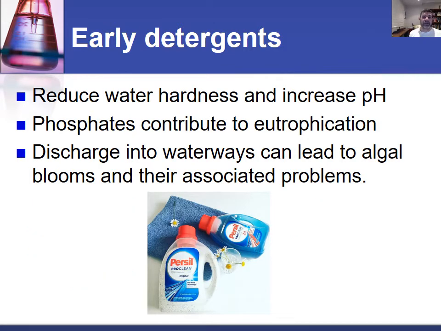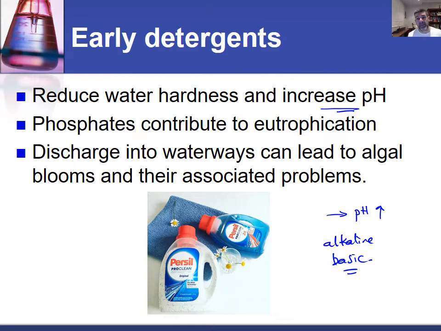The early detergents had these stabilizers, these phosphates, not only to address things like water hardness, but also to change the pH. One of the things you will be aware of is that most cleansers are on the alkaline or basic end of the pH scale. So what we're trying to do is move the pH along that scale, so up effectively.